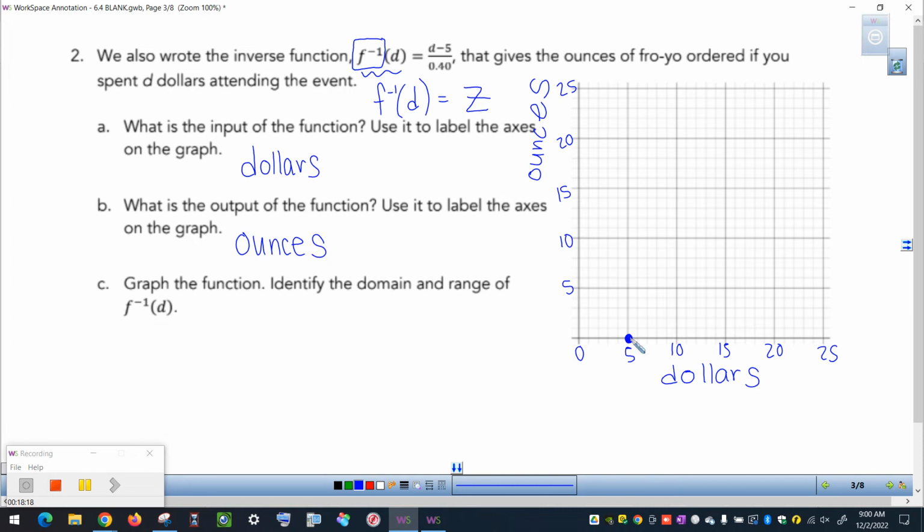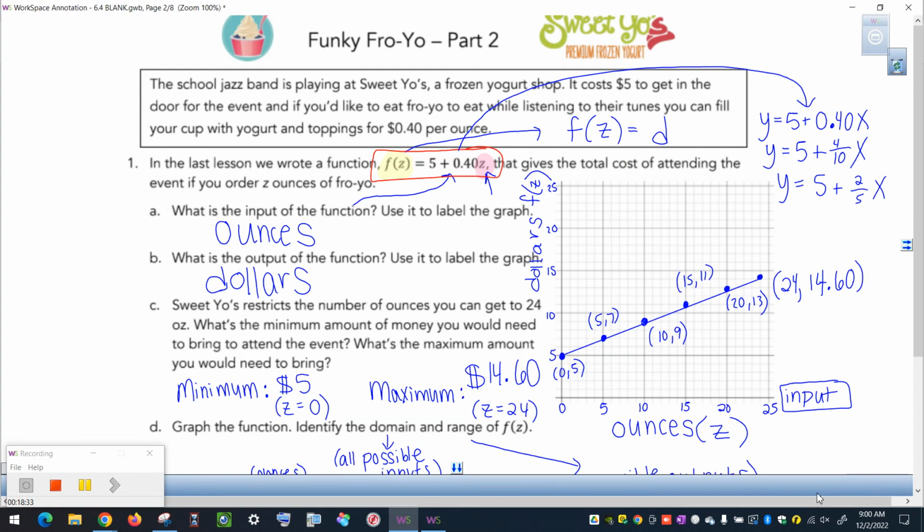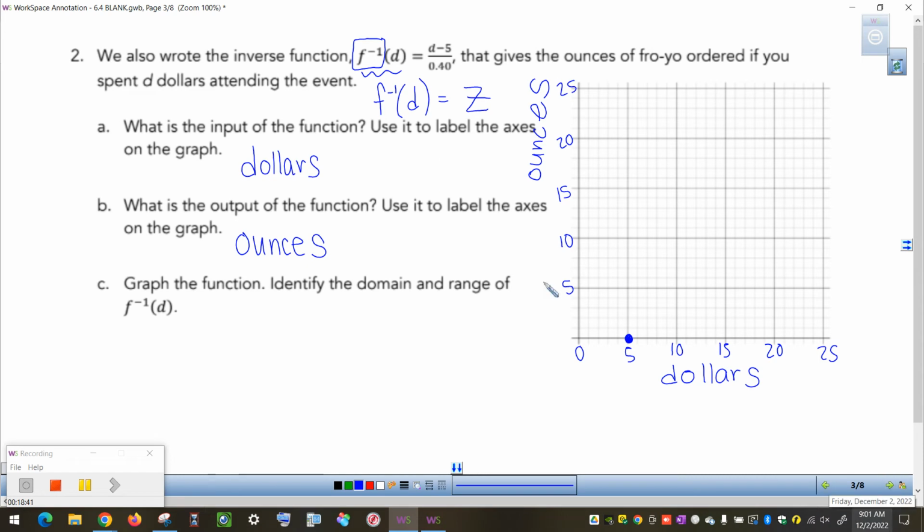Now on the inverse graph, it's an x-intercept. It just switched. Let's look at the next point. So the next point right here is if we buy 5 ounces, that costs us $7. So let's find where 5 ounces would be, and then $7 is going to be right there.